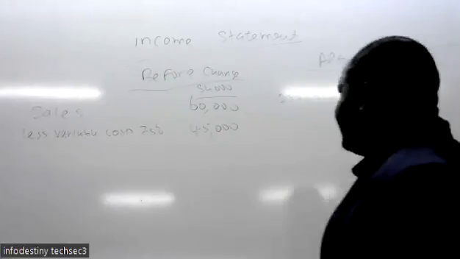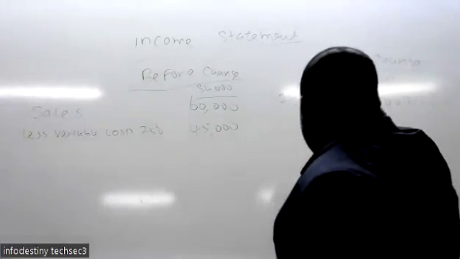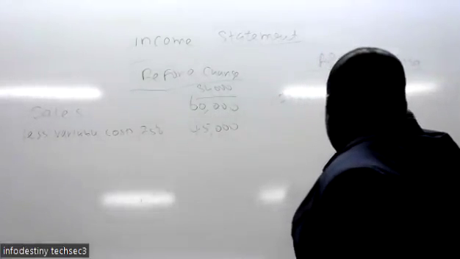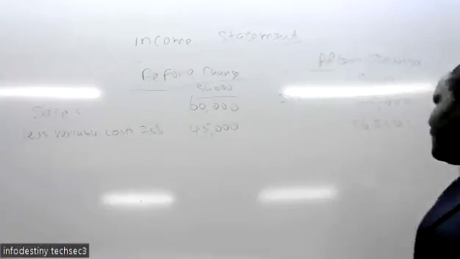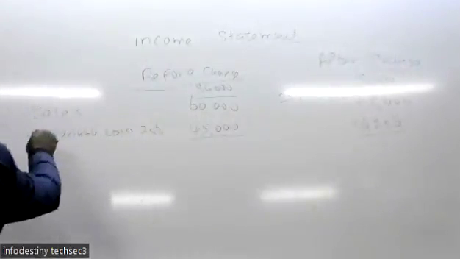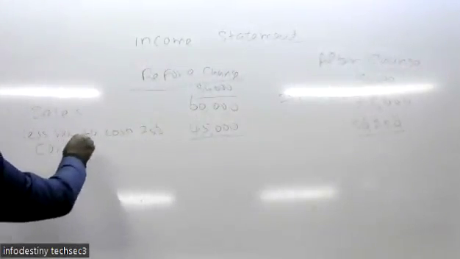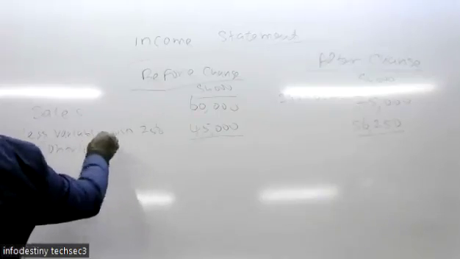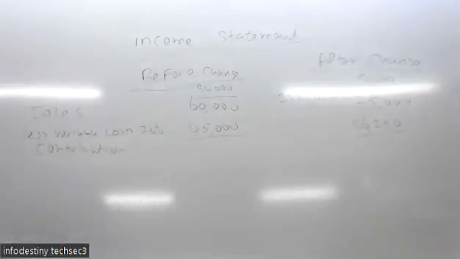So 56,250. When you subtract, you now get the contribution. When you less, you will then come up with the contribution.